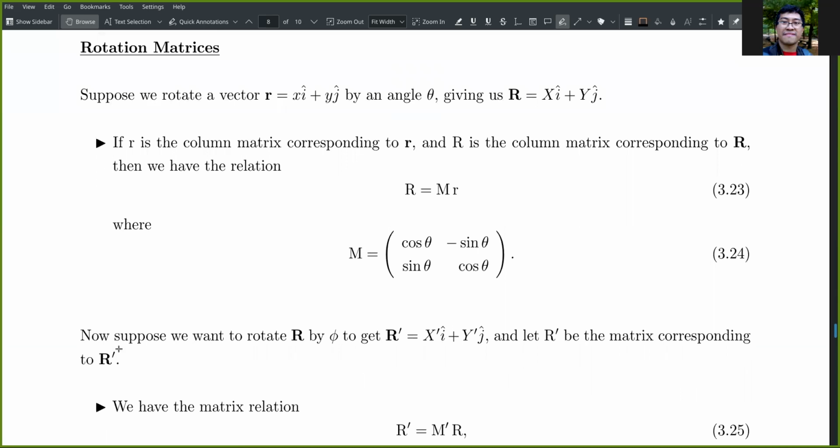Matrices. There are also rotation matrices that would relate a vector and a rotated vector. Suppose we rotate it by an angle theta.